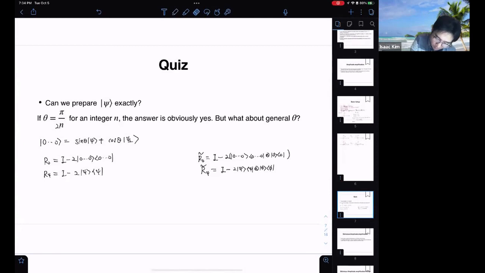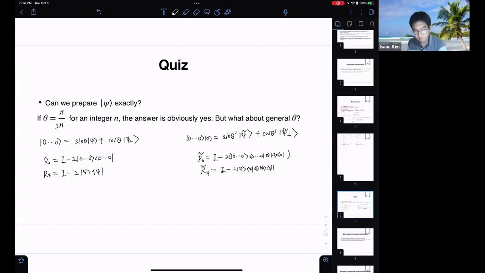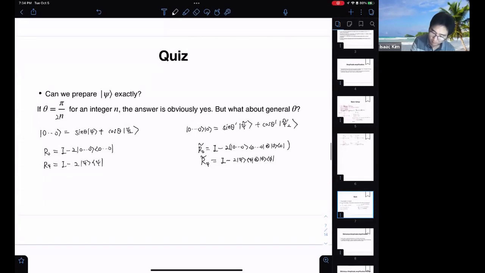Okay. And the initial state is simply sine theta prime psi tilde plus cosine theta prime psi tilde perpendicular, where we define psi tilde to be psi tensor phi.